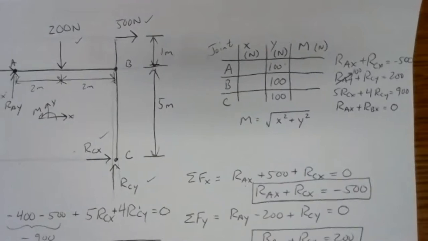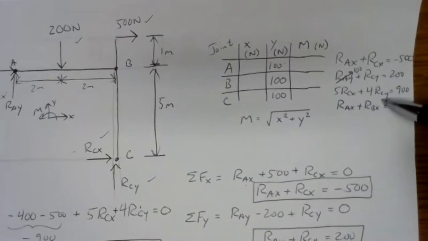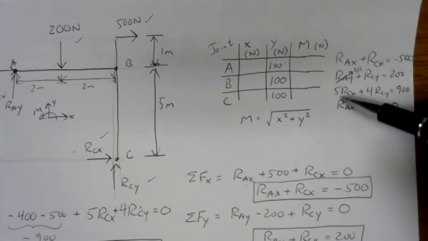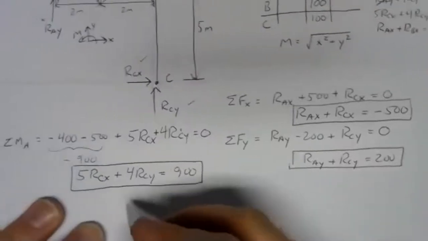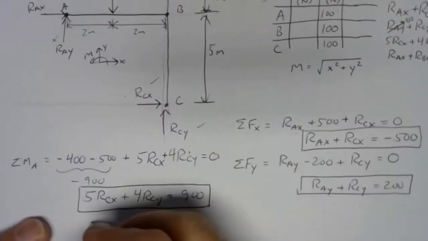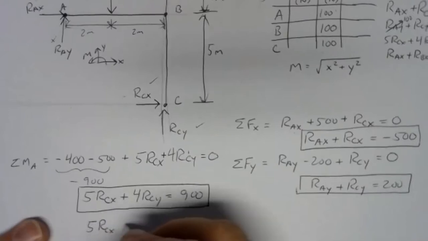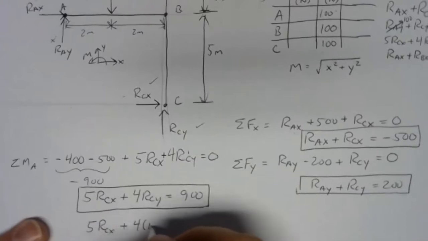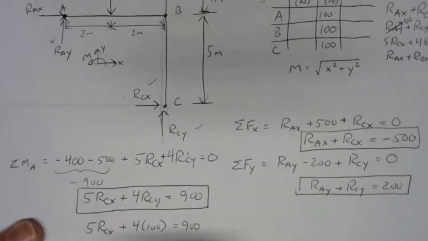Now that we know what RCY is, we can go to other equations that involve RCY and try and solve those. Our moment equation from the first setup involved RCY. So we can go down to some scrap area here. There's our RCY equation. We know RCY is 100 now, so we can go and work with this. We got 5RCX plus 4 times 100 is 900.